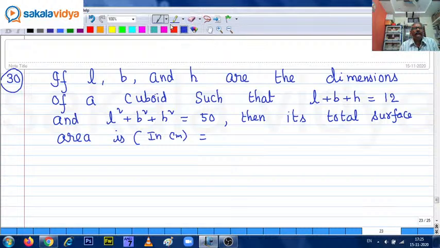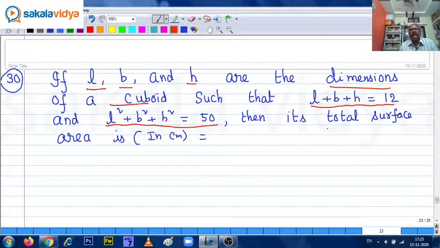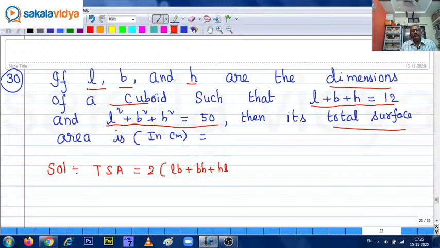L, B, H are the dimensions of a cuboid such that sum of the dimensions is 12 and sum of the squares of the dimensions is 50. Then its total surface area we need to find out. Total surface area TSA of the cuboid is 2 times LB plus BH plus HL. We have a wonderful formula from 9th class algebra.